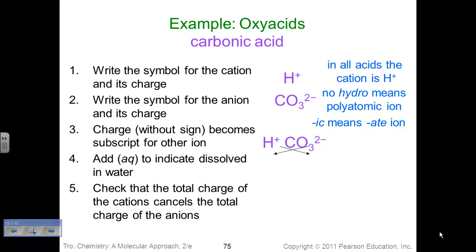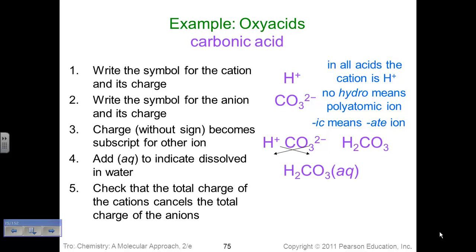Again, considering crisscrossing, the charge of -2 becomes the subscript after the hydrogen. 2 units of a +1 electrically balance the 1 unit of a -2. Carbonic acid, those acids that are found in a can of pop, giving it its fizz. Carbonic acid, H2CO3.